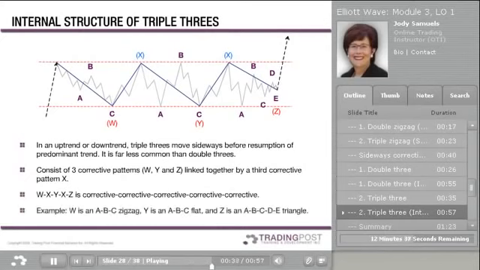In this example, W is an ABC zigzag, Y is an ABC flat, and Z is an ABCDE triangle. All three patterns are connected by the X leg, which is also a three-wave pattern.